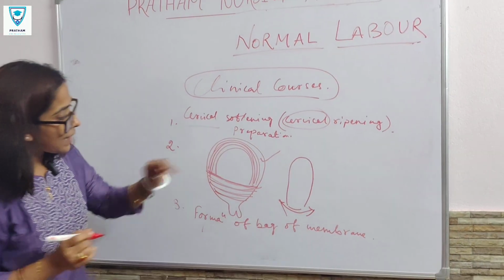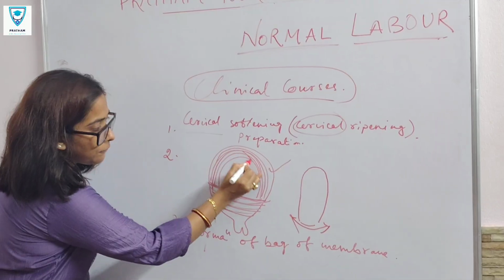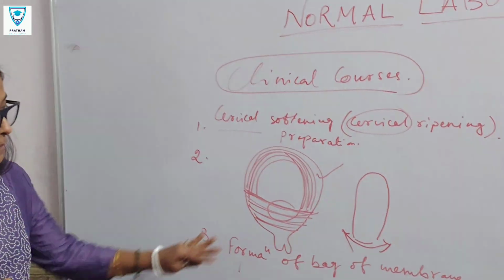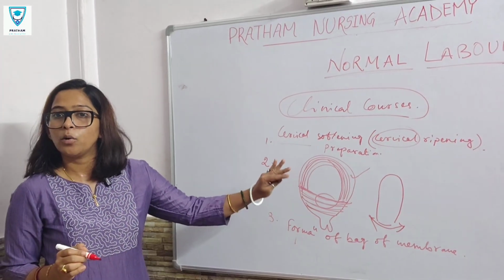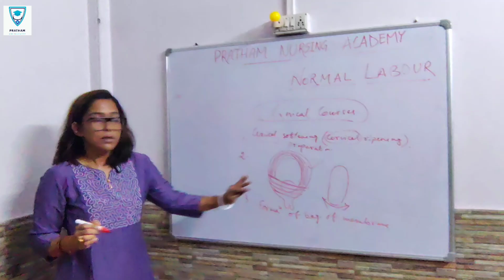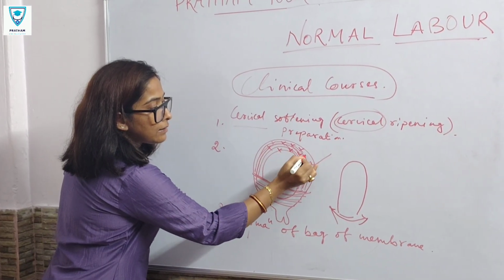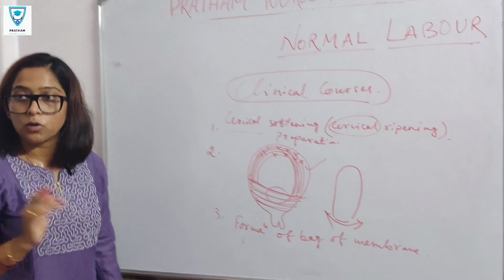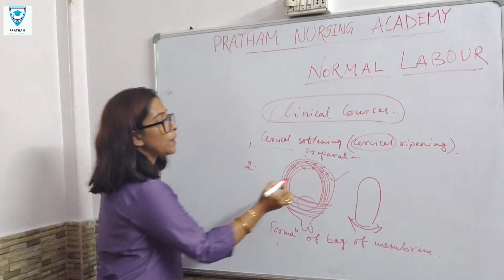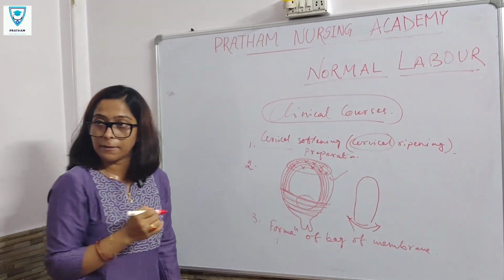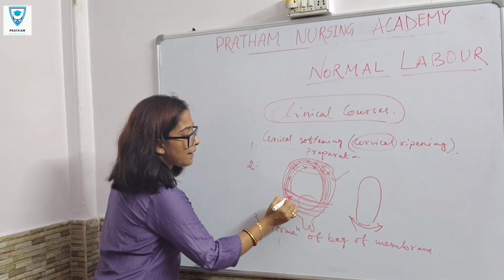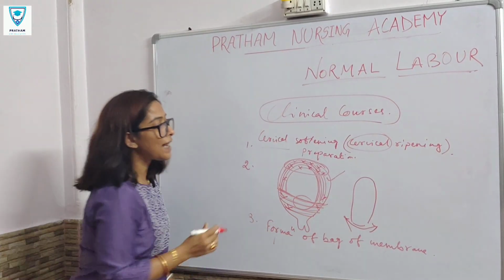So we can see that the fetus is lying like that, that means longitudinal lie with cephalic presentation. As oxytocin receptors are at a maximum rate at the fundus, the power of contraction will be maximum at the fundus and minimum near the cervix. So what happens?